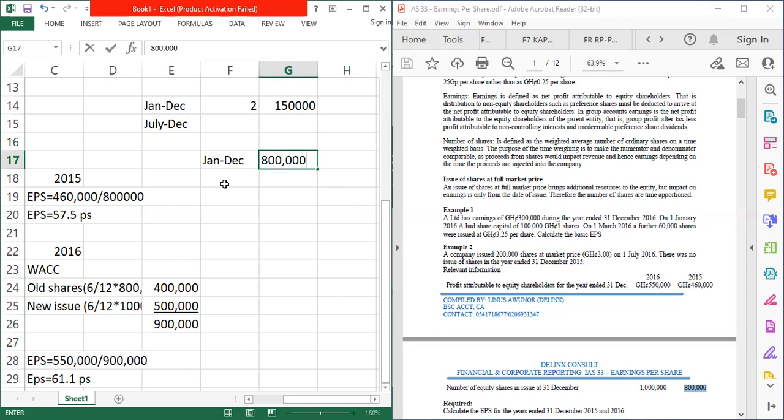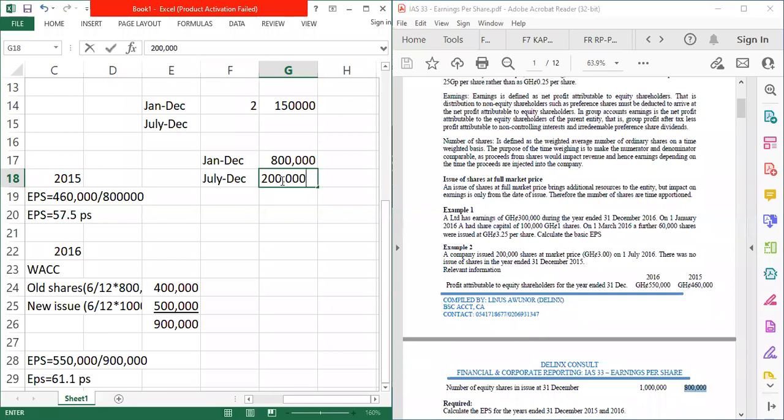But let's come to the 20,000 issue. They have issued new shares in July 2016, but we are calculating the earnings per share at 31 December 2016. That is, they have issued shares 6 months to the end of the period. So this 20,000 is from July to December.